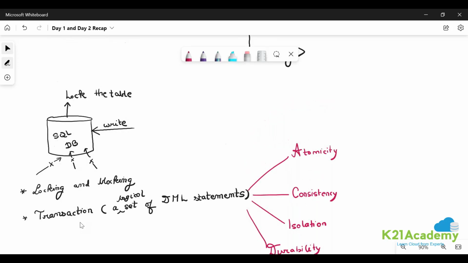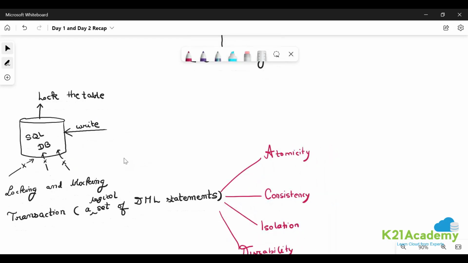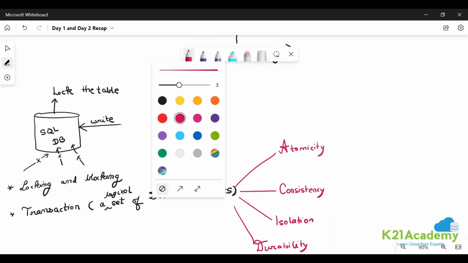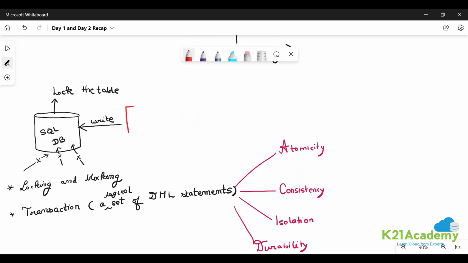So what RDBMS tries to do is that it does not allow people to overwrite. If someone else is writing, you are not allowed. Let them finish and then others will come. This saves us from data corruption, right?